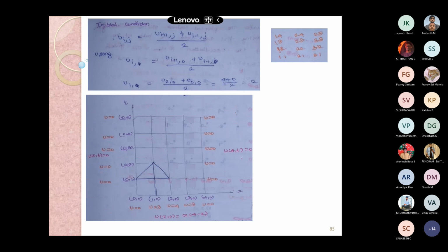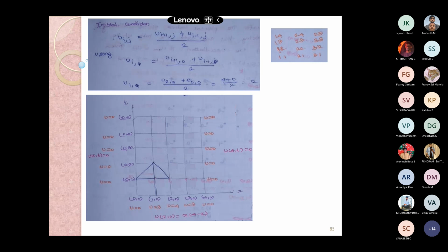So my initial conditions, this is the essential diagram. u is equal to 0 on the left vertical and right vertical, and this is the u value in the horizontal x-axis: u is equal to 0, u is equal to 3, u is equal to 4, and u is equal to 3, again 0.